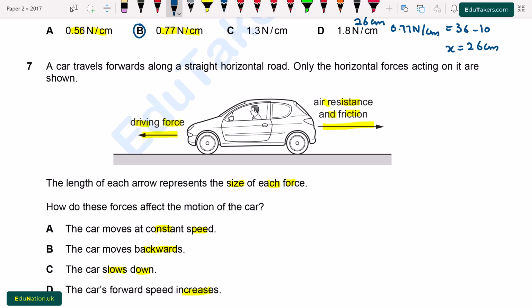So first of all, in this case, the air resistance force plus friction, it is larger as compared to the driving forces. So this car will slow down. It cannot move at constant speed because here forces are not balanced. So C option is correct from here.